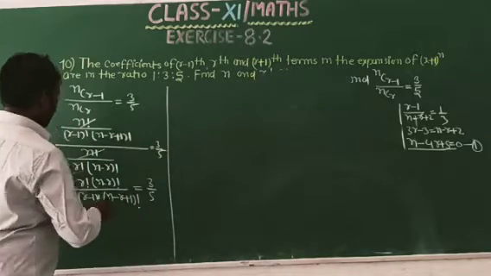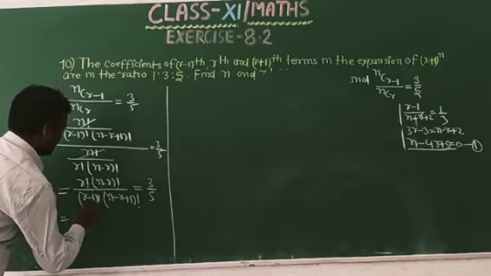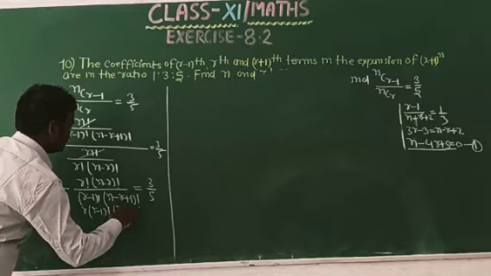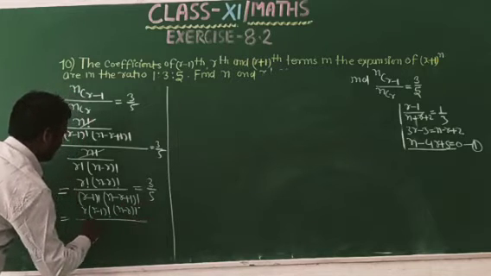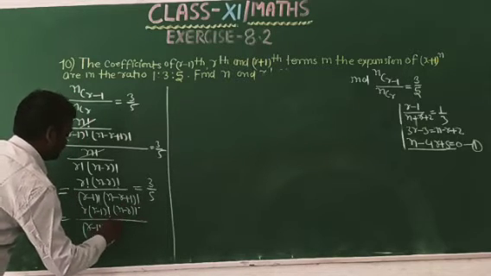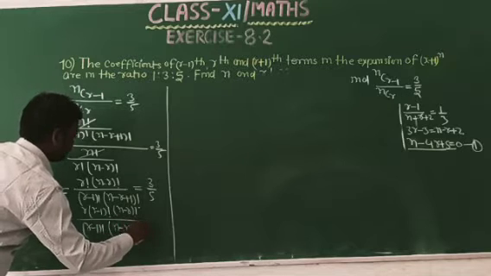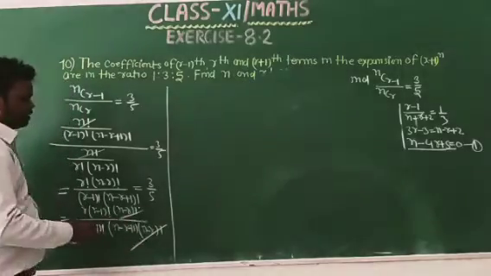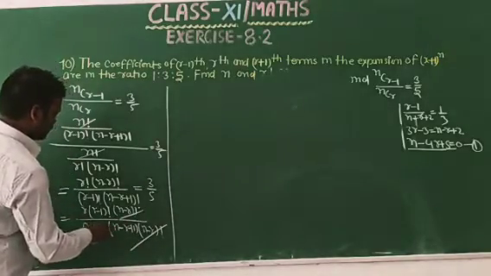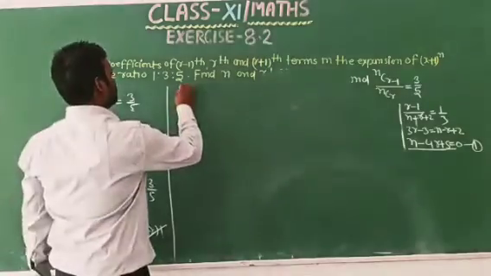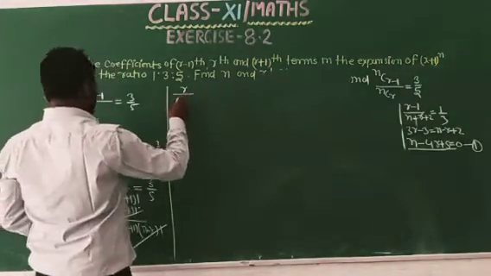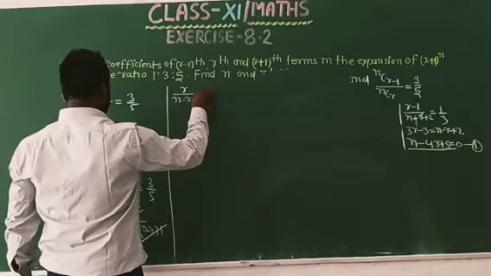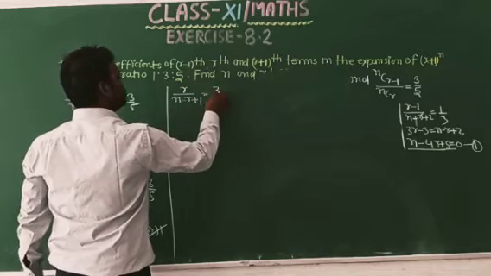So this is r into (r minus 1) factorial and (n minus r) factorial by (r minus 1) factorial and (n minus r plus 1) factorial. Here we can cancel out (n minus r) factorial and (r minus 1) factorial. So this is r by (n minus r plus 1) equal to 3 by 5.